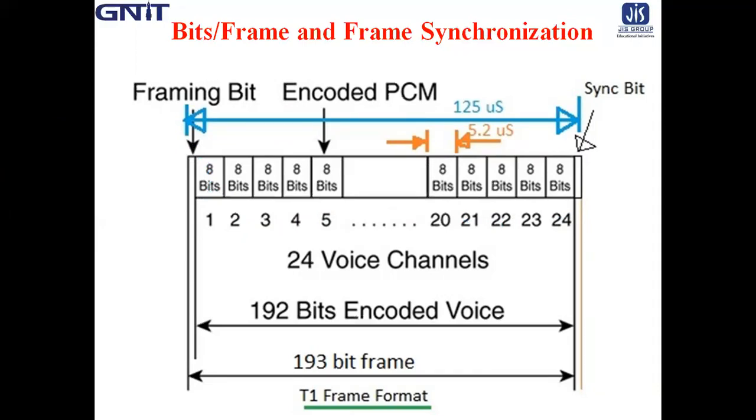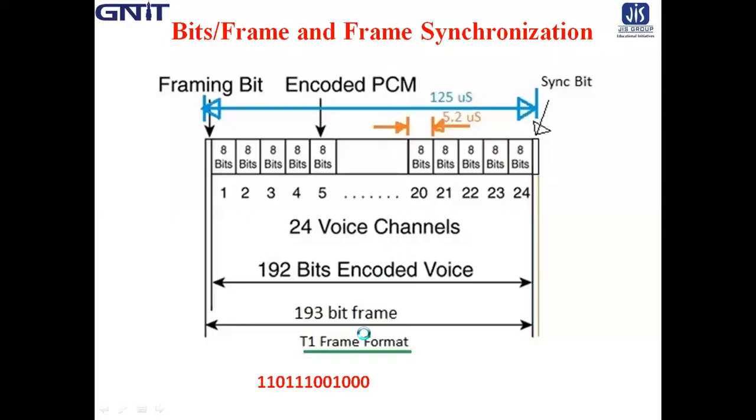So to solve the problem, 12 successive F slots or frame synchronizing slots are used to transmit a 12-bit code. Say a 12-bit code is present.